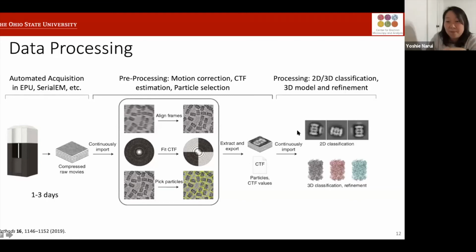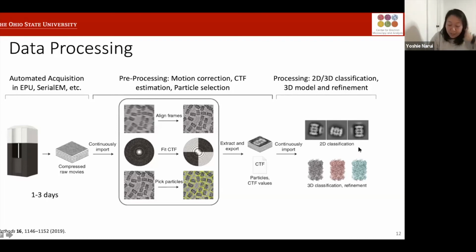And then the next step after that is it's going to take all of the particles that you've picked and try to sort them out. That is a process called 2D classification. This could involve hundreds of thousands to a million particles that it's going to go through and classify. And then after 2D classification, you can start to build an actual 3D model of your particle that you're interested in.